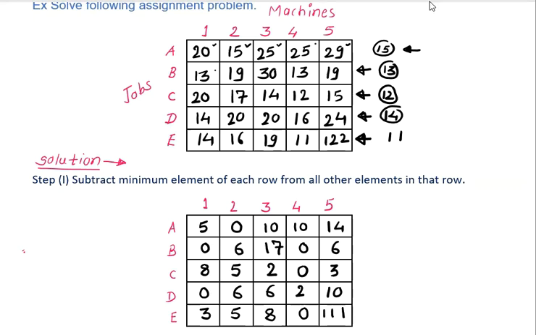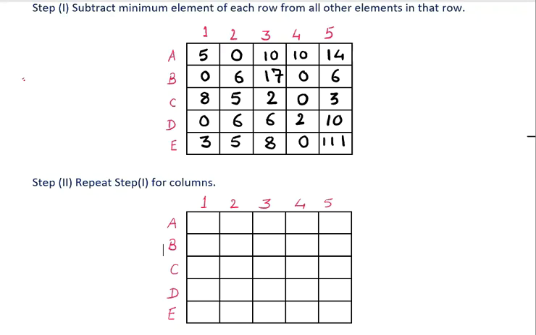Now we apply the second step. Repeat step 1 for columns. The smallest entry in the first column is 0. When we subtract 0 from all the entries, the numbers will not change.